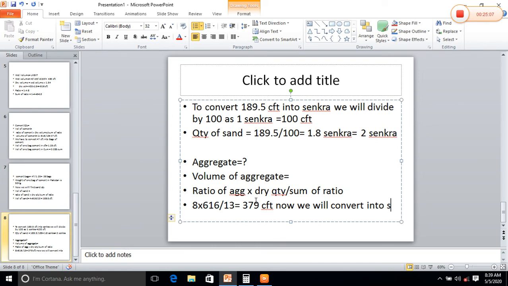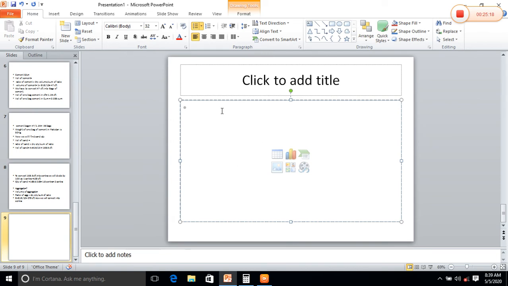So for that we will divide by 100. So 379 divided by 100 is equal to 3.79. 3.79 sekla. Okay, this is the quantity of aggregate.